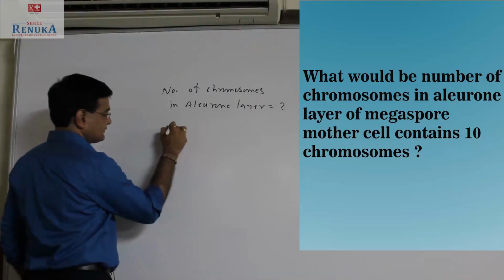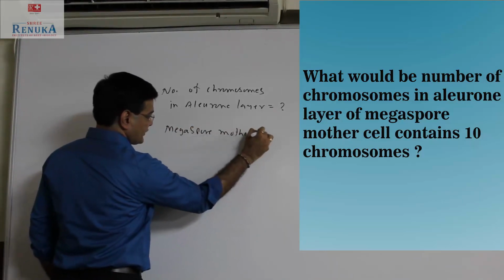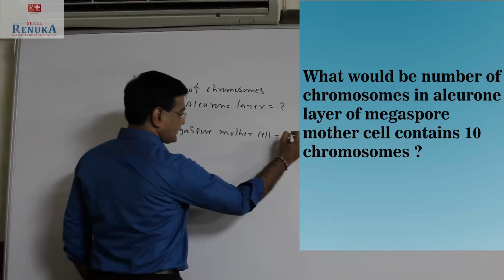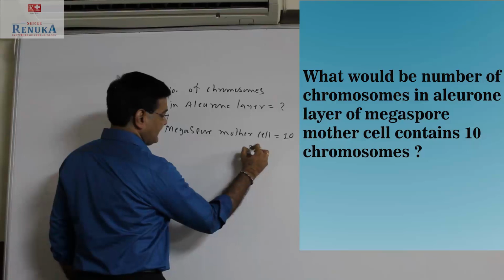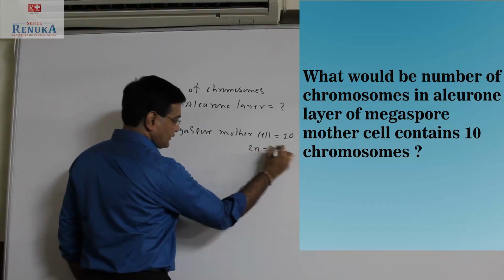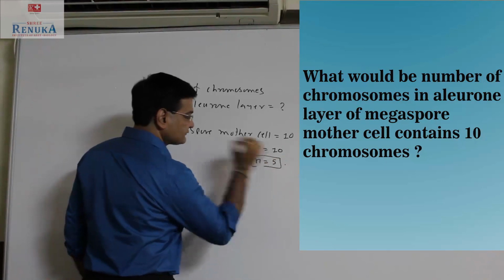In the question, megaspore mother cell 10 chromosomes is given. Now megaspore mother cell is diploid having 10 chromosomes, and so n is equal to 5.